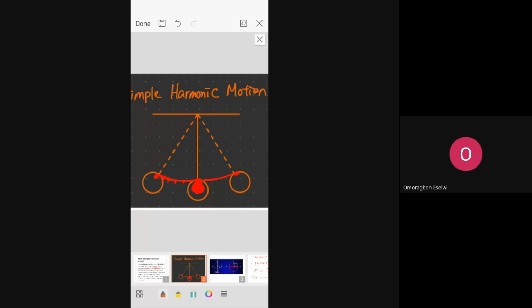And the displacement of the object from this mean position is assumed as if the body has not moved. So at this point, at the mean position, x is 0.